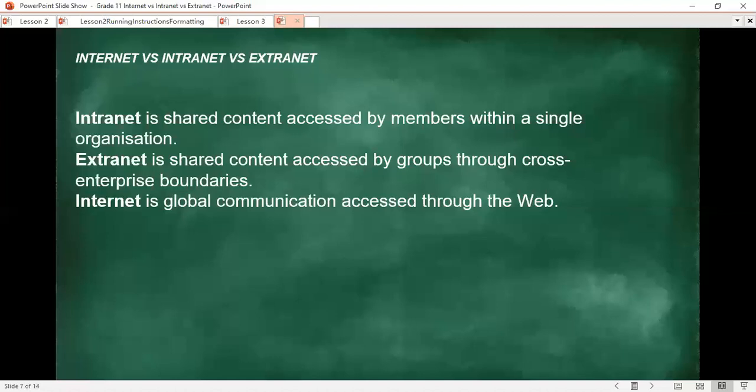And then we've got an extranet. It's shared content accessed by groups through cross enterprise boundaries. Let me make an example with a bank. If you are a user of a particular bank, you will have access to their apps, to their website. Let me make an example and say Standard Bank or FNB or ABSA, it doesn't matter where you are.